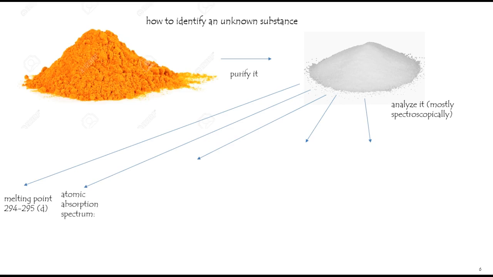Why don't we next take its atomic absorption spectrum? This is a device that allows you to see the relative number of each element. In essence, each element has a fingerprint, if you will, of wavelengths that it absorbs at, right? It's atomic absorption spectrum. And the intensity of that absorption would be proportional to how many of those atoms are present. So if you evaluate the wavelengths and their intensity, you can get the relative abundance of each atom.